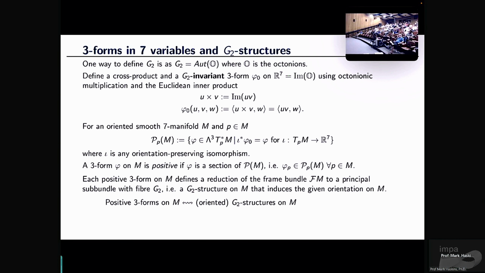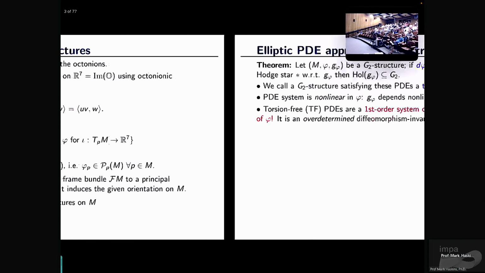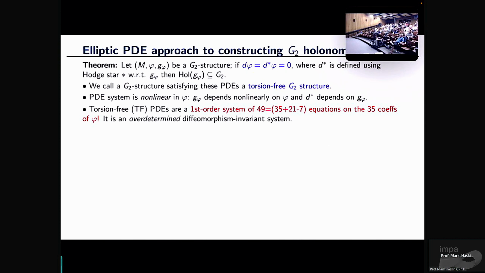But typically, we're not just interested in all G2 structures. We're most interested, for instance, in G2 holonomy structures. Because G2 is a subgroup of SO7, it has an induced metric, which we'll write g sub phi.